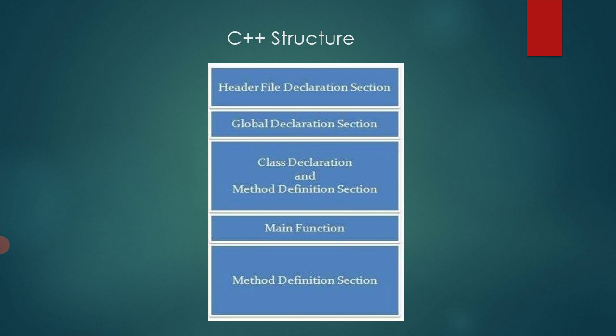After declaring the class and defining the functions, you start with the main function in the C++ program. Inside the main function you can also call a function, declare a function, or define a function, so that is again a method definition section. This is a very basic structure of a C++ program.